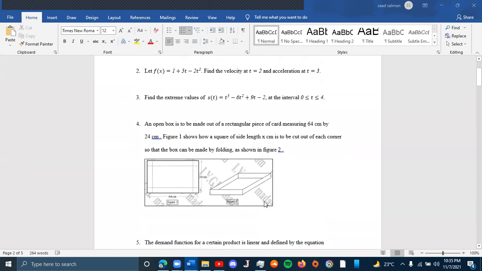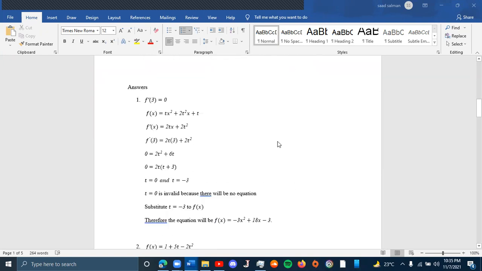Now we'll move on to question number 3, which is: find the extreme values of s(t) = t cubed minus 6t squared plus 9t minus 2 on the interval 0 ≤ t ≤ 4.